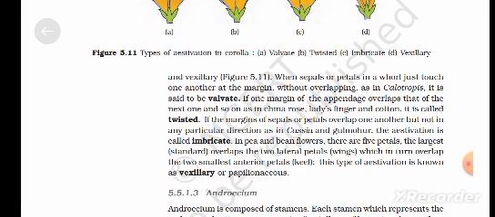If one margin of the appendage overlaps that of the next one and so on, as in China rose, ladyfinger, cotton, it is said to be twisted. If the margins of sepals or petals overlap one another but not in any particular direction, as in cassia and gulmohar, the aestivation is said to be imbricate.